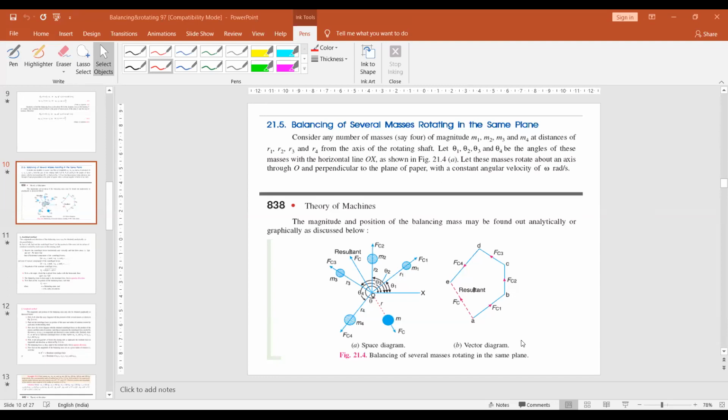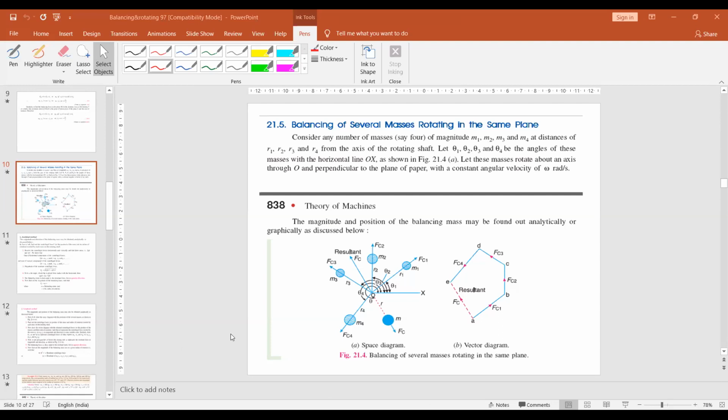Why? Because all the masses are mounted on the same shaft, so omega is the same for all. So you neglect the omega square value in the centrifugal forces. Just find m1 r1, m2 r2, m3 r3, m4 r4.